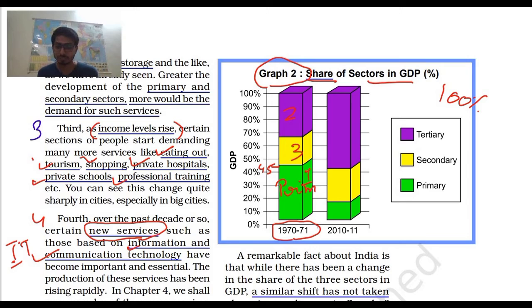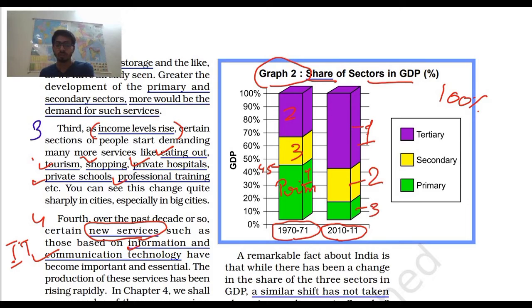And let's see in 2010-11, who is contributing more, whose share has increased now from 2 to rank 1. Tertiary sector's share has increased over the time. Then second position goes to the secondary sector and third position goes to your primary sector.